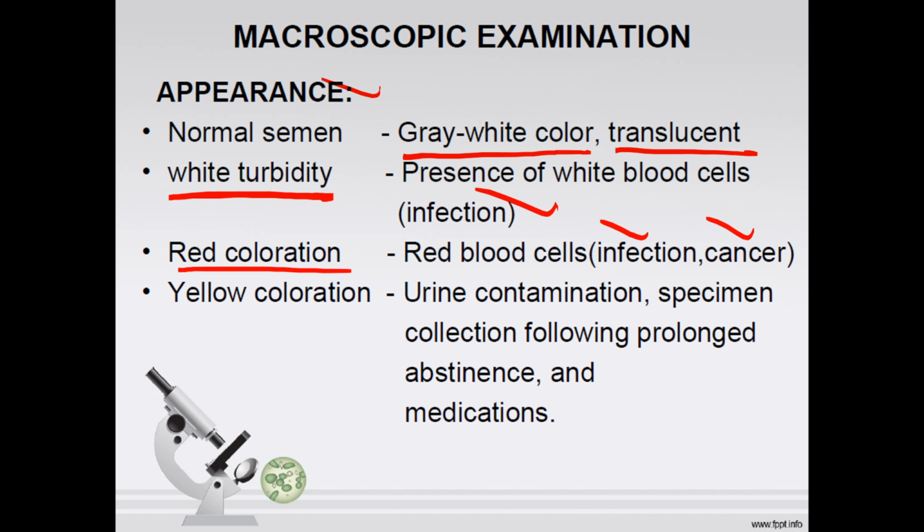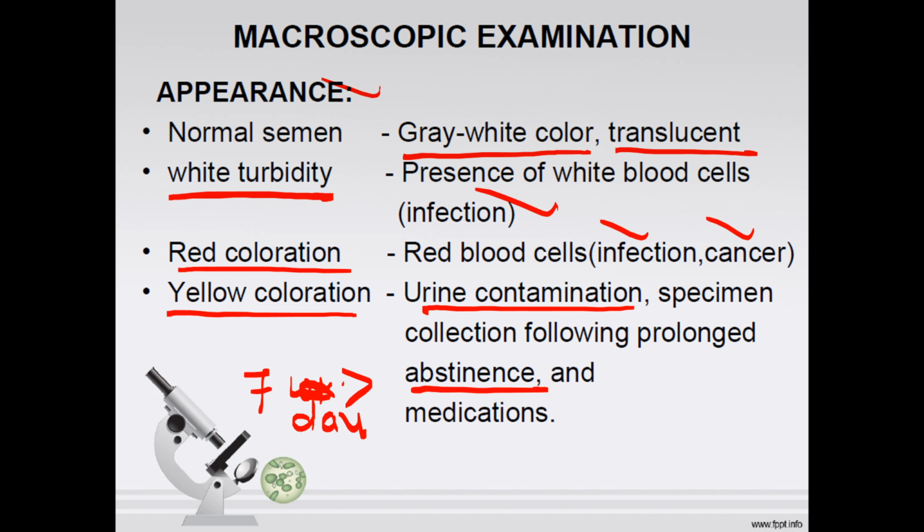In that case, blood is mixed with the semen. Finally is the yellow color. You will get yellow semen when urine may be contaminated or the abstinence period is more than 1 week. When the abstinence period is more than 7 days, there is a high possibility that the semen color changes from gray white to yellow.